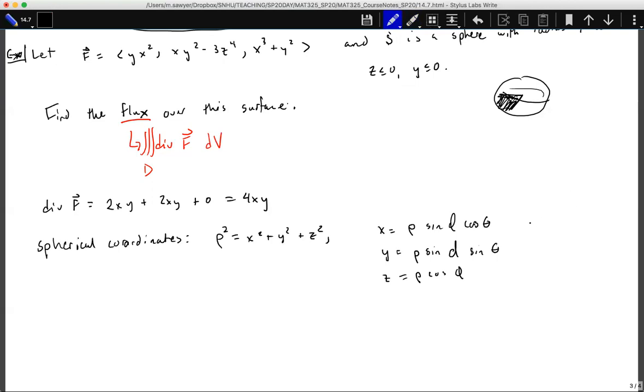And our Jacobian here is equal to rho squared sine phi d rho d phi d theta.